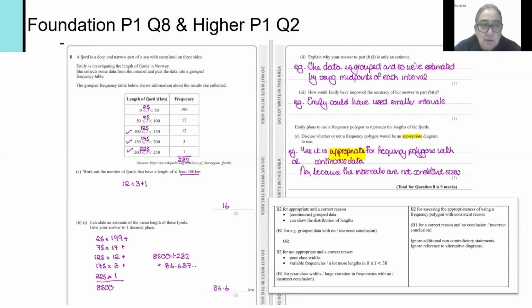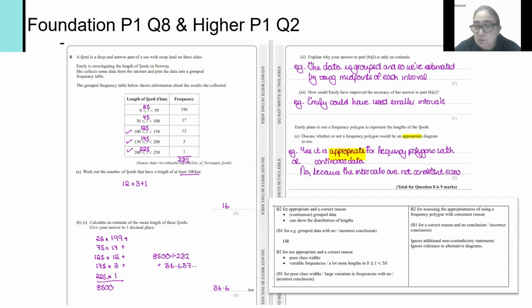Again, starting the sentences and enforcing the idea that you draw your conclusions first, then give reasons. The idea of this being a discussion: discuss whether or not it would be appropriate to use.